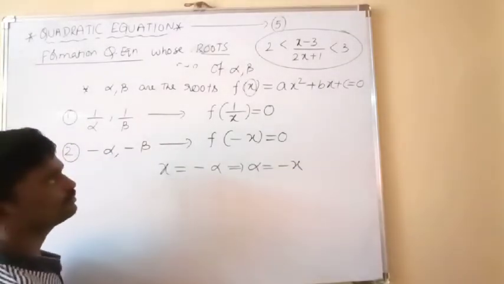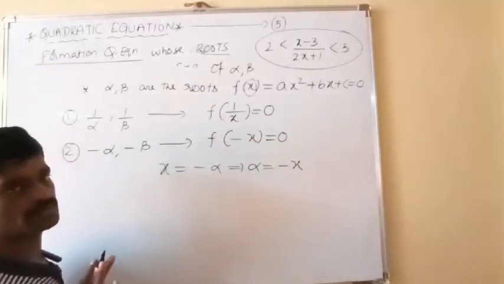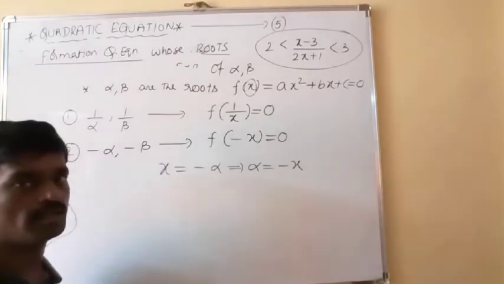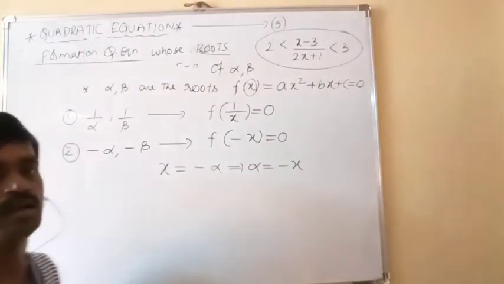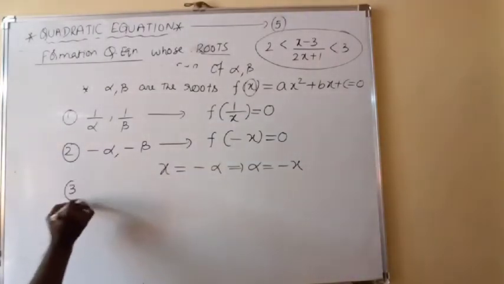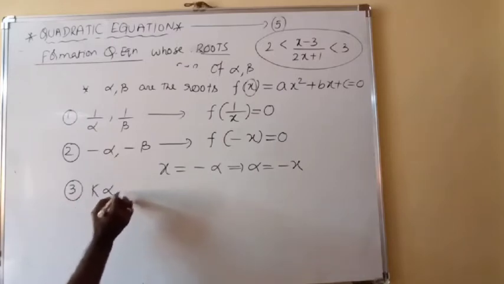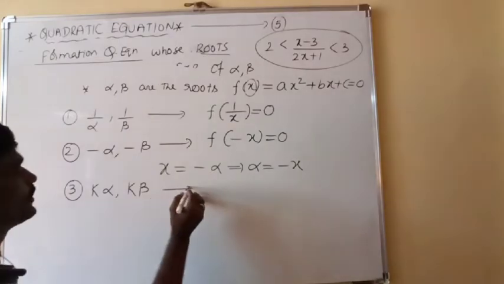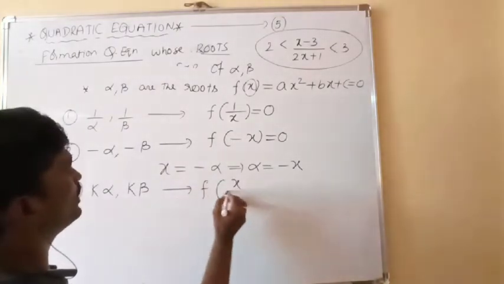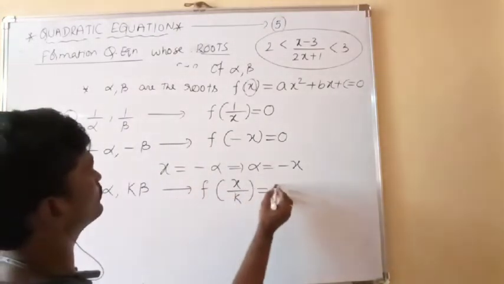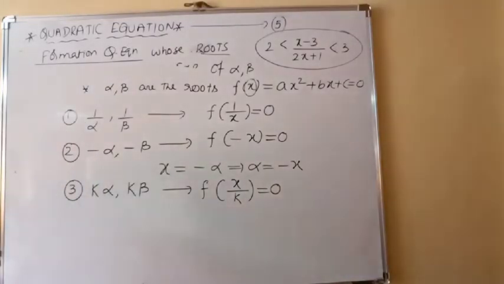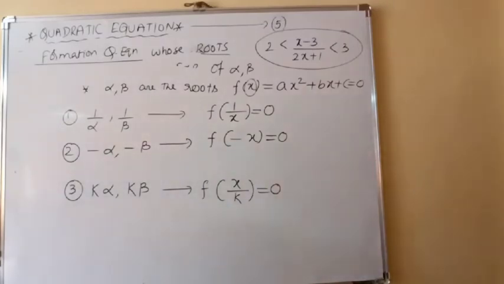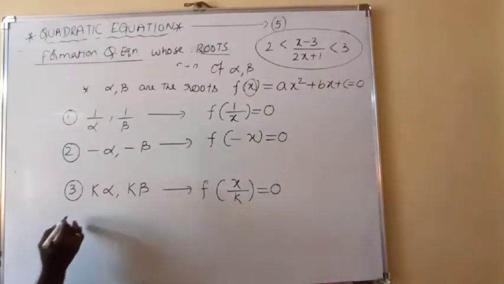That means we have to replace x by minus x in this equation, so that we will get an equation whose roots are minus alpha, minus beta. Next, to get the equation whose roots are k alpha and k beta, just replace x by x by k in the given equation to get the quadratic equation whose roots are k alpha, k beta.